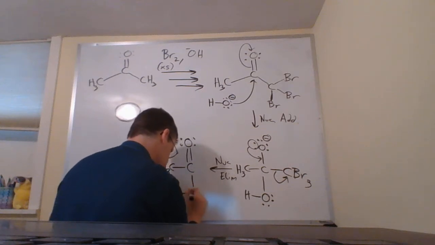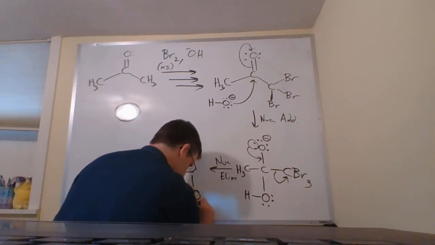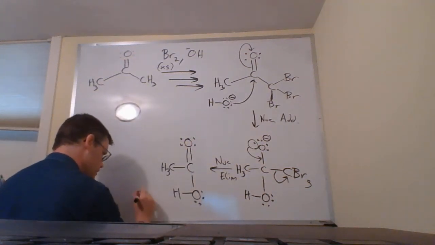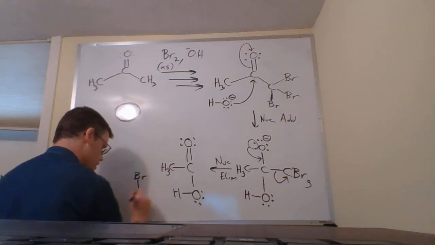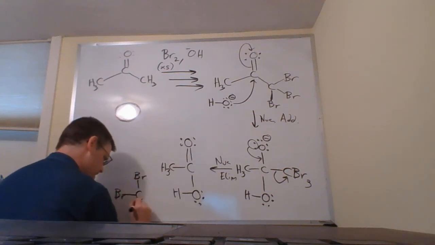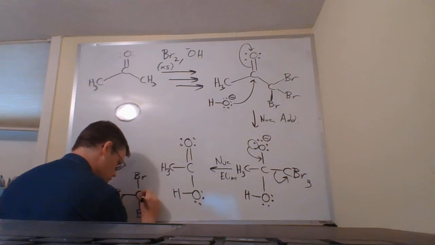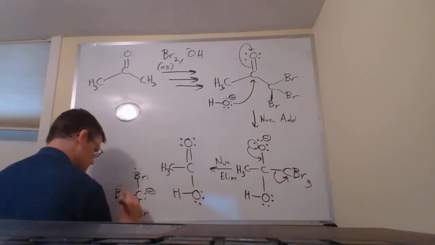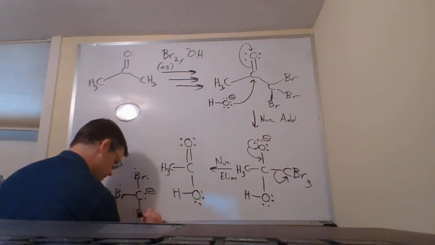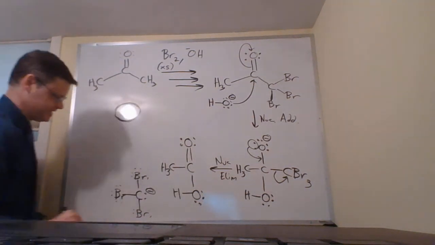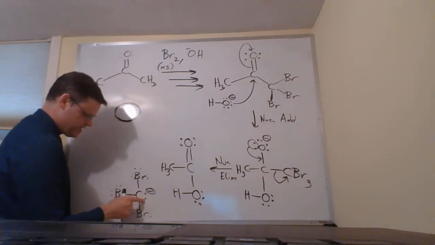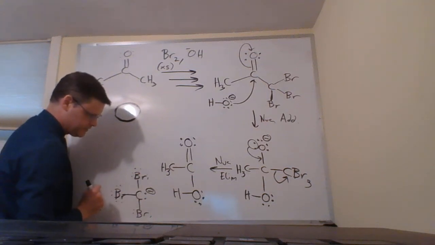I'm going to put that hydrogen right here, and I'm going to put the CBr3 here. Add some lone pairs on these bromines. Carbanions are usually not happy just hanging out, but with these 3 bromines, that kind of stabilizes that negative charge.